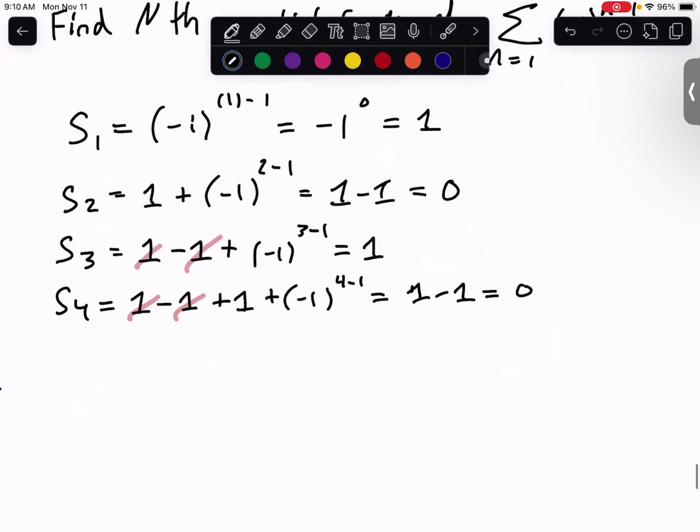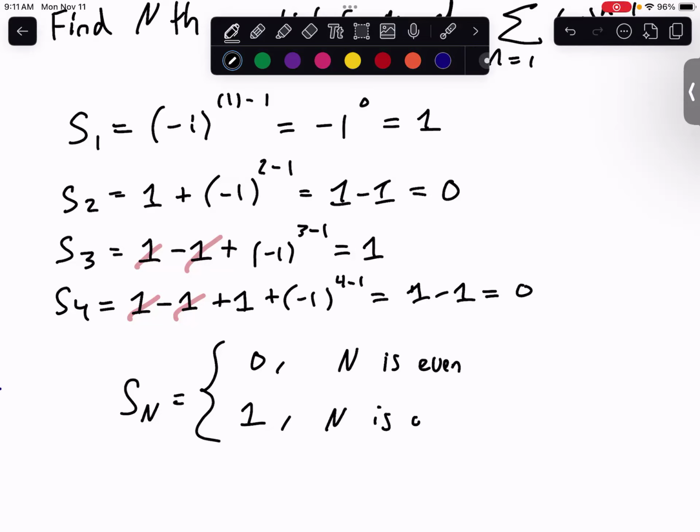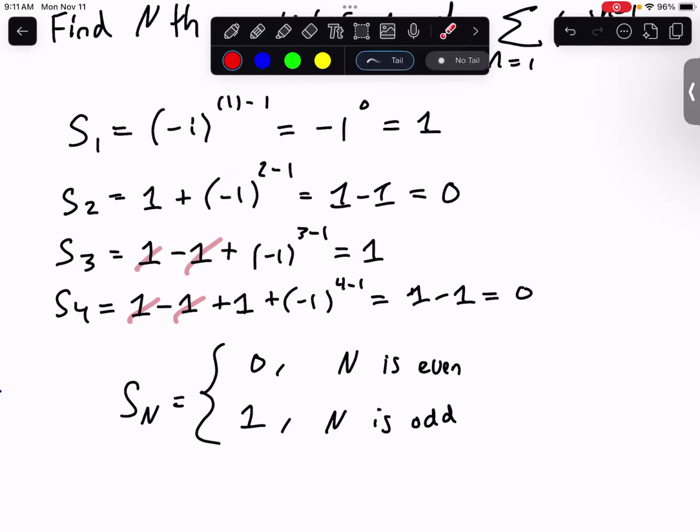And so we end up getting the following as our answer. The nth partial sum has 2 cases. It's either equal to 0 or equal to 1. It's equal to 0 when n is even, and it's equal to 1 when n is odd. Just generalizing the pattern that's occurring here.